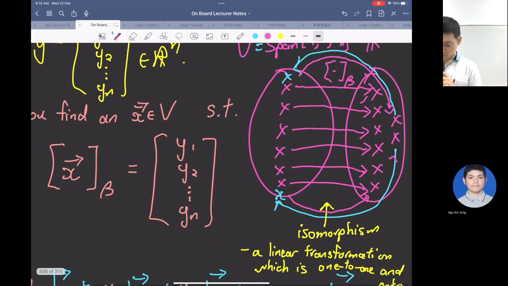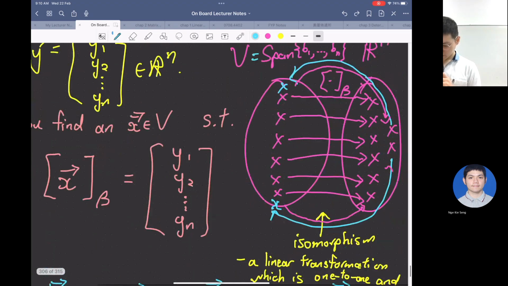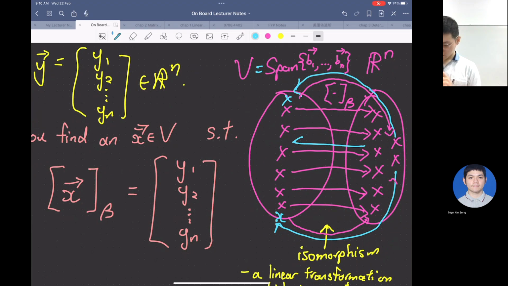So there is another map going backward, the inverse map, going forward and going backward.